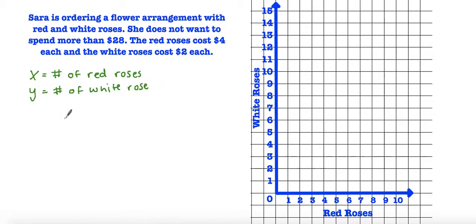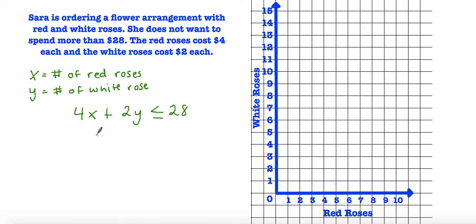And so if x represents red roses and y represents white roses, the red roses are $4 each, so we're going to have 4x. And the white roses are $2 each. And she does not want to spend more than $28, so this has to be less than or equal to 28.